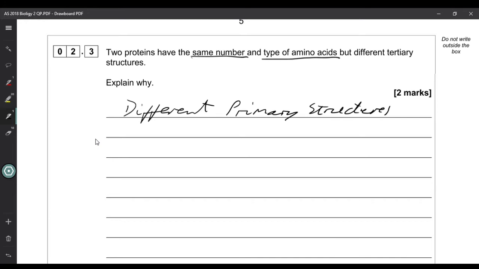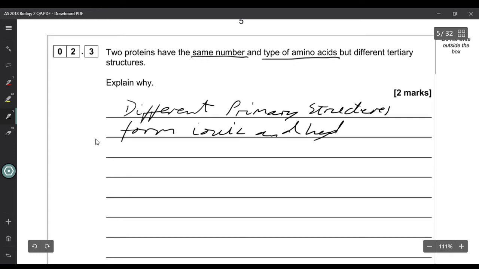So we can say that because they have different primary structures, they form ionic and hydrogen bonds in different places.